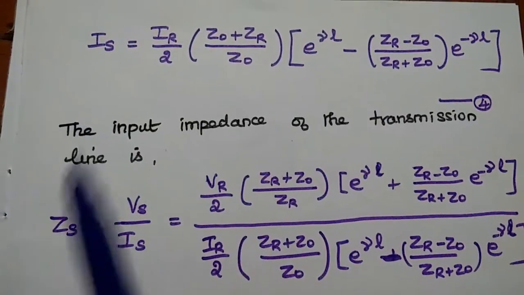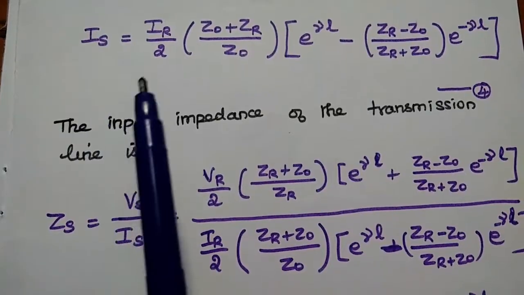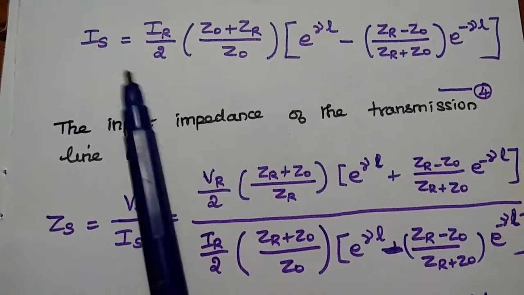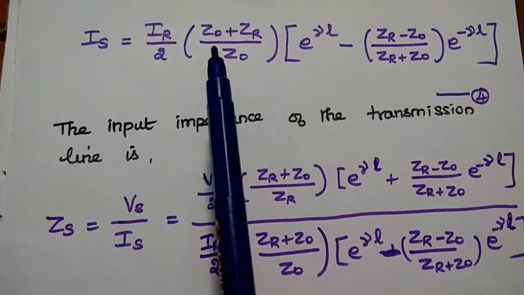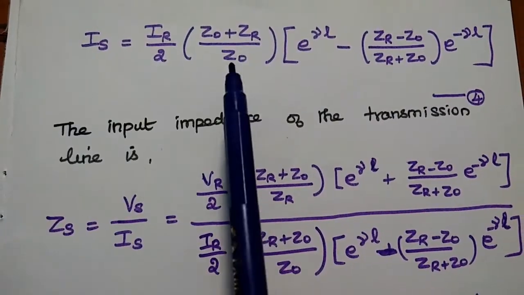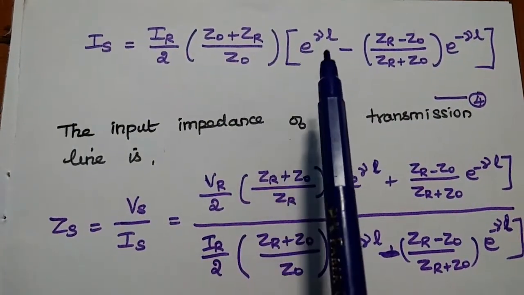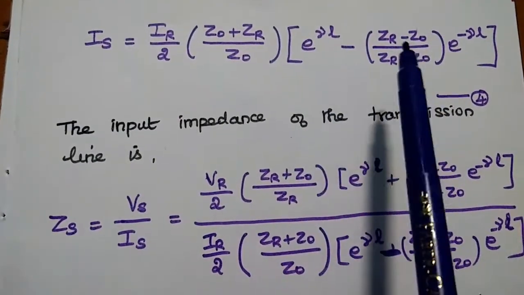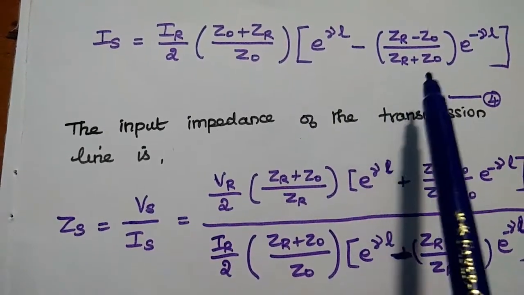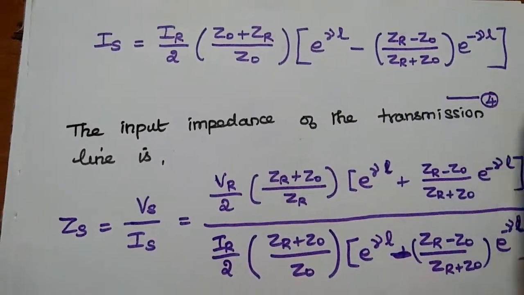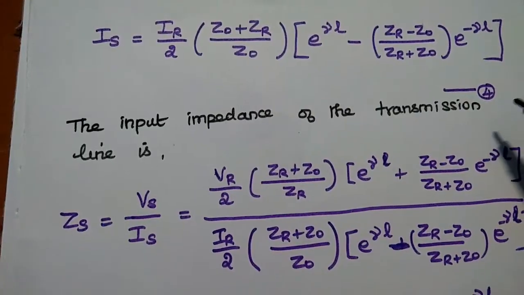Then the sending current is represented as Is is equal to Ir by 2 into (Z0 plus Zr) by Z0 multiplied with e power γL minus (Zr minus Z0) by (Zr plus Z0) e power minus γL. Consider this as the fourth equation.